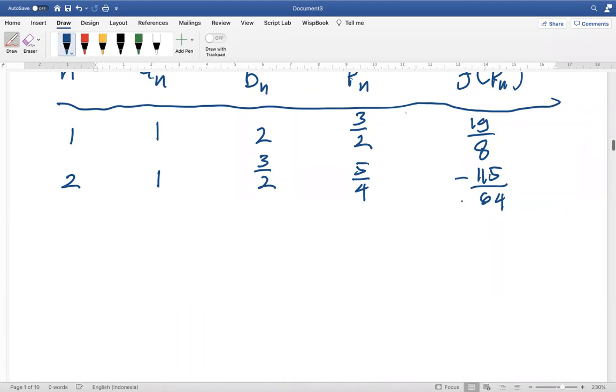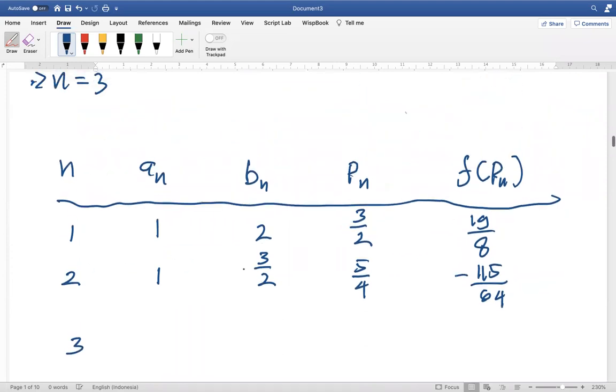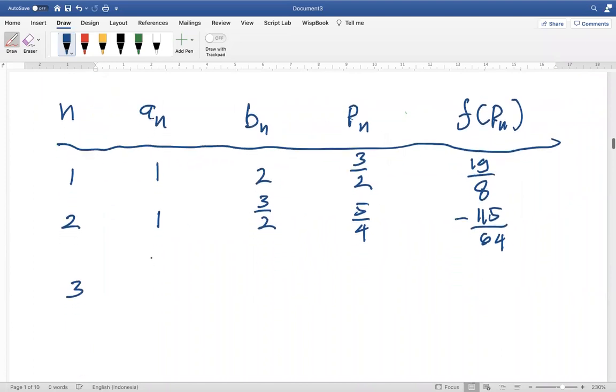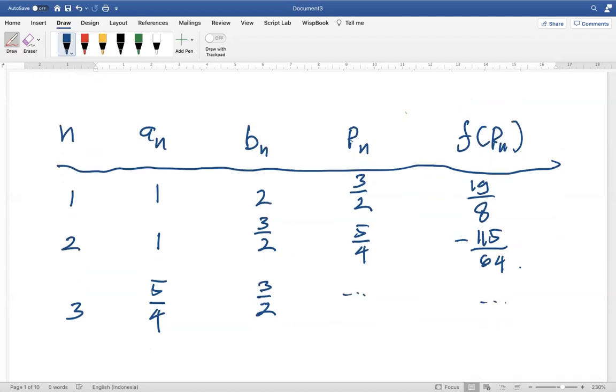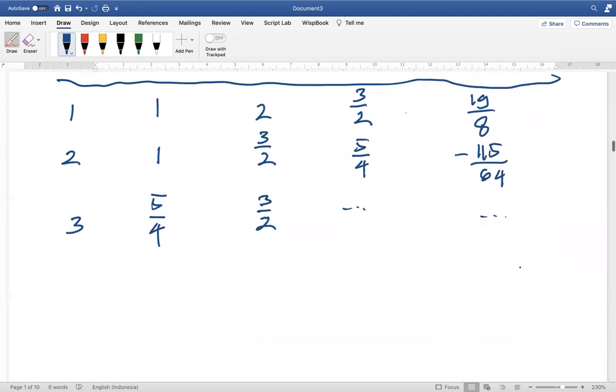You can continue again. In the next step, we have 5/4 for A3, and B3 is 3/2. You can calculate the values here. It's repeated until step 4, 5, and so on.